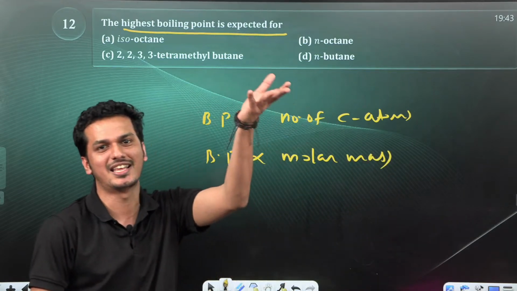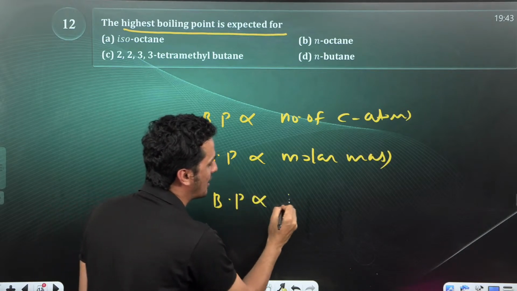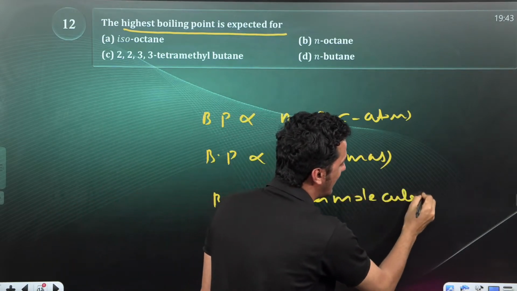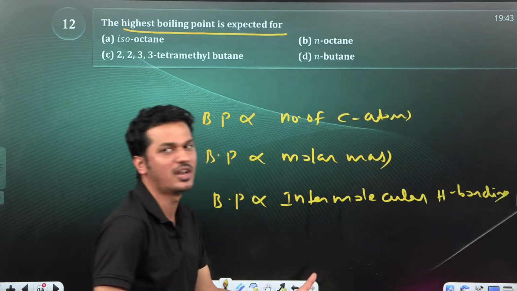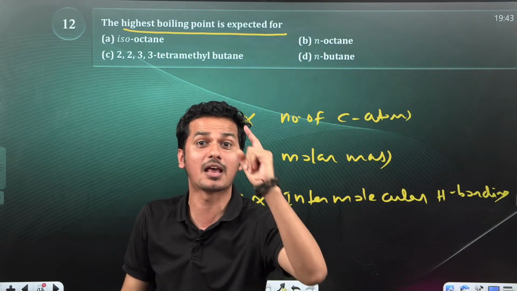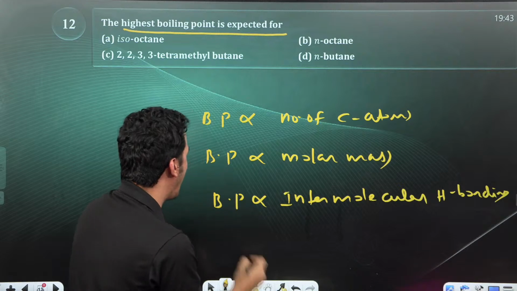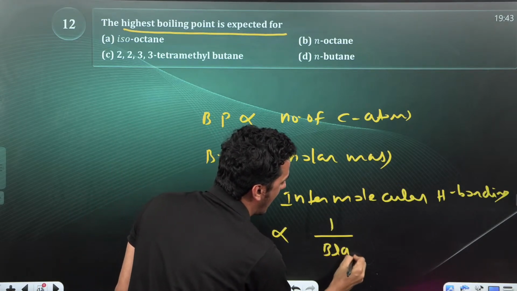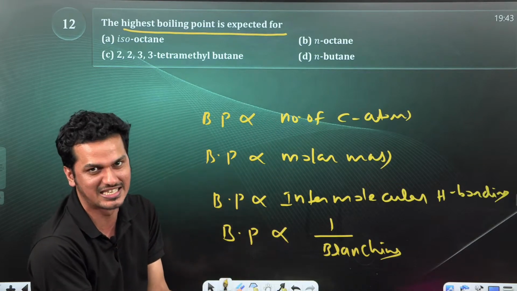Molar mass increases, boiling point increases, and boiling point is directly proportional to intermolecular hydrogen bonding. In your organic compound, if there is any possibility of intermolecular hydrogen bonding, their boiling point will be very much higher. And boiling point is inversely proportional to branching. So if there is any branching, boiling point will decrease.